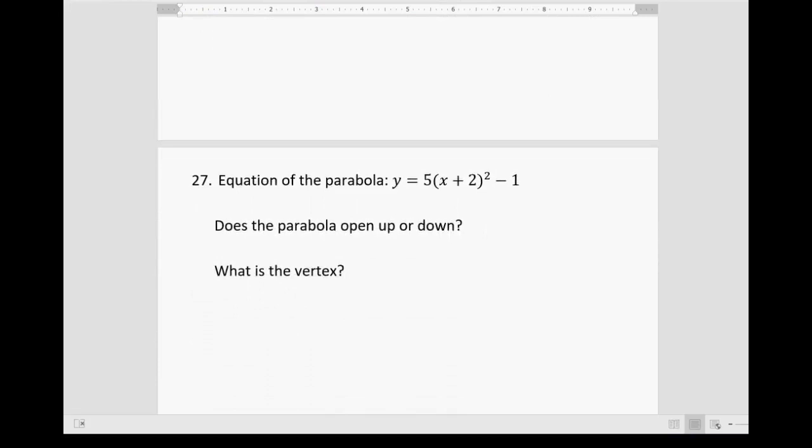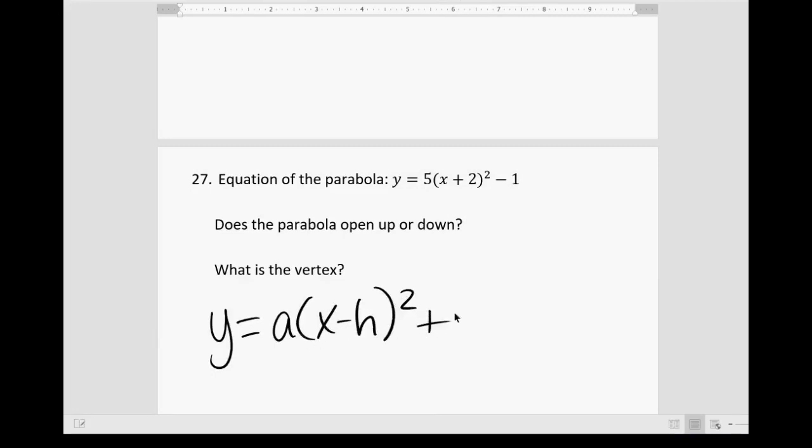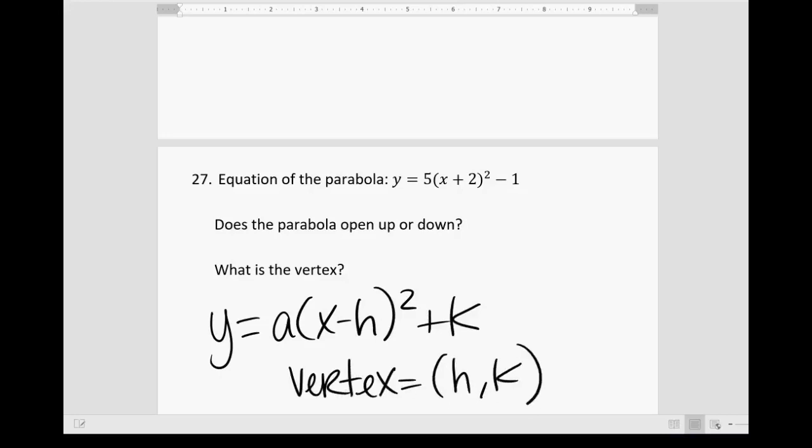Quadratics. Remember that this is in what's called vertex form. Y equals a times x minus h squared plus k. The vertex is h comma k. The important thing here is to remember that when you're given vertex form, whatever it is in the parentheses, your h is the opposite of that, because the formula is x minus h.